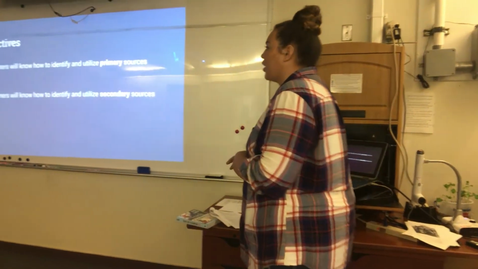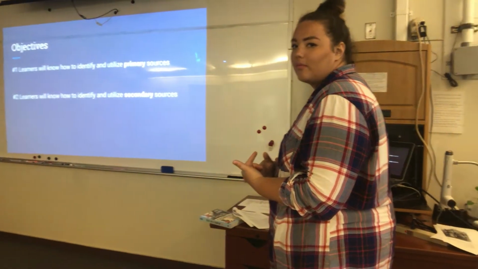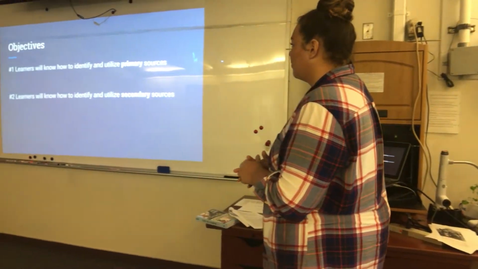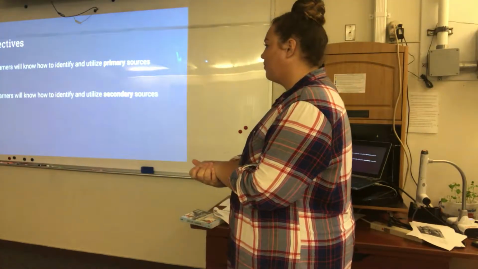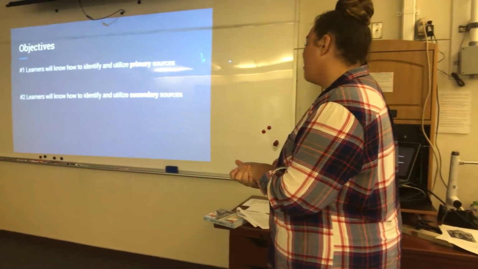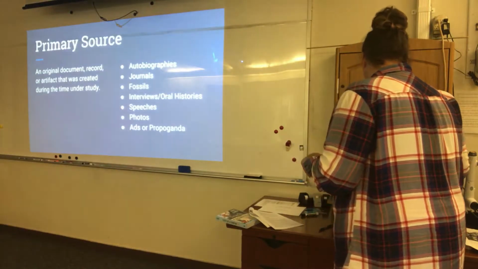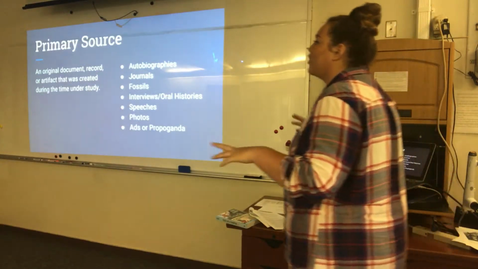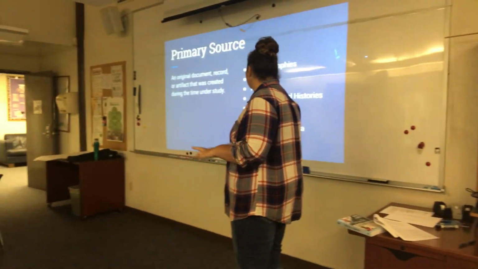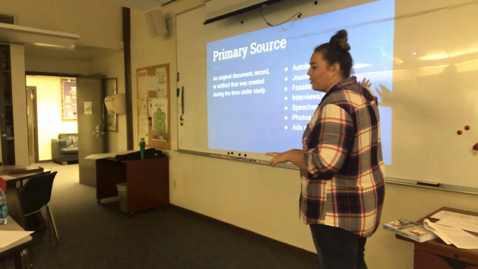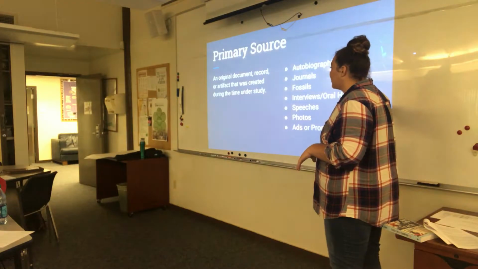Rosie, can I get you to read objective number 1? Learners will know how to identify and utilize primary sources. And Jenny, number 2. Learners will know how to identify and utilize secondary sources. Perfect. So a primary source is an original document, record, or artifact that was created under the time of study.